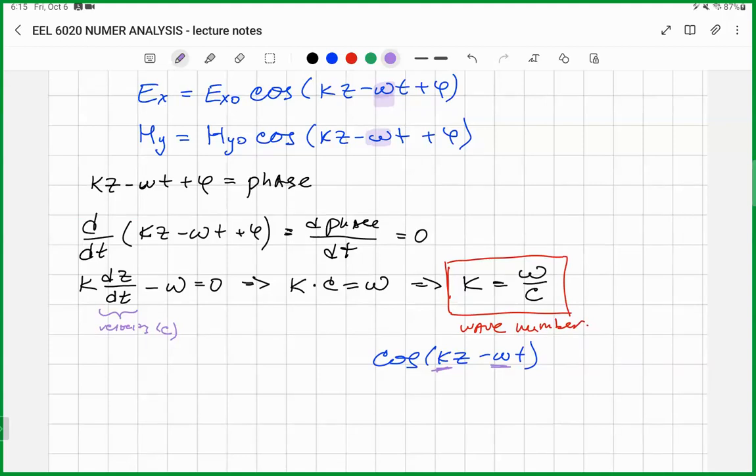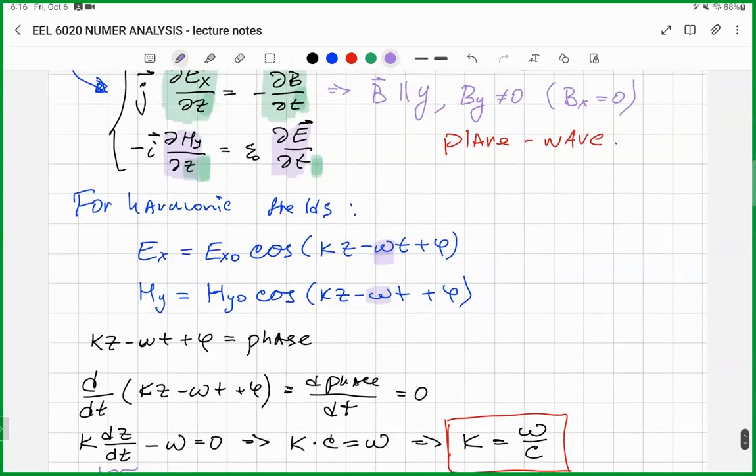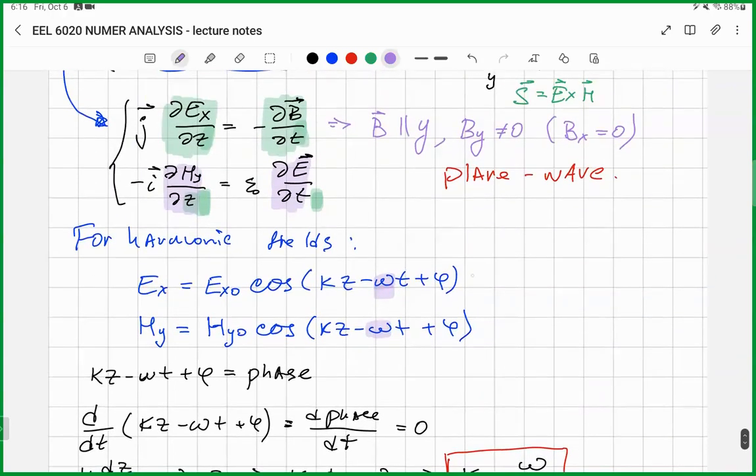And this wave number plays the role of the frequency, but for the spatial variable. Okay, wave number.